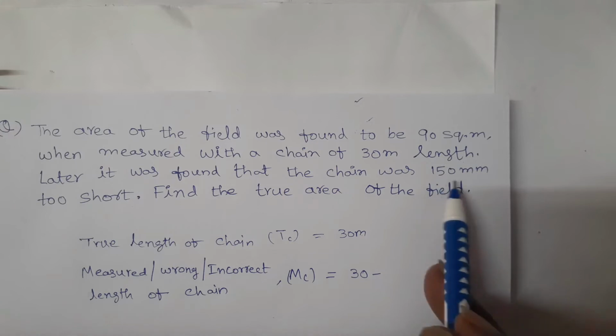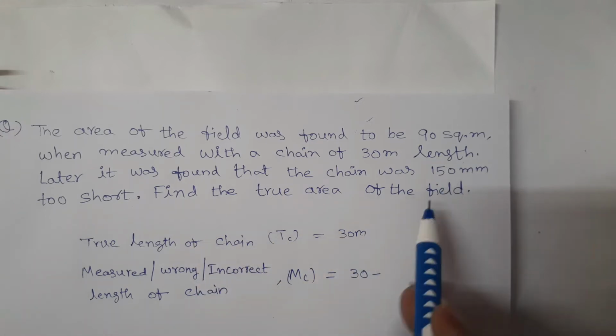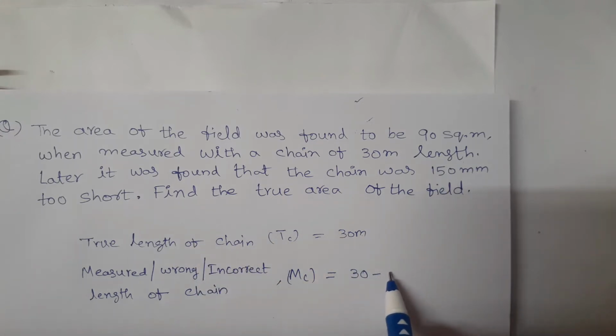The error is 150 mm too short, so we have to deduct this value, 0.15 meters, from 30 meters. Therefore, measured chain length is equal to 29.85 meters.